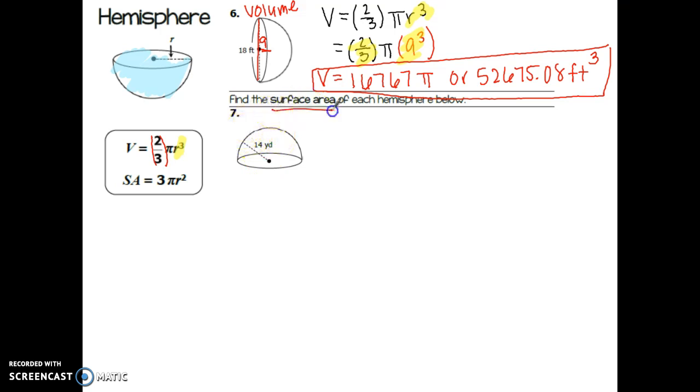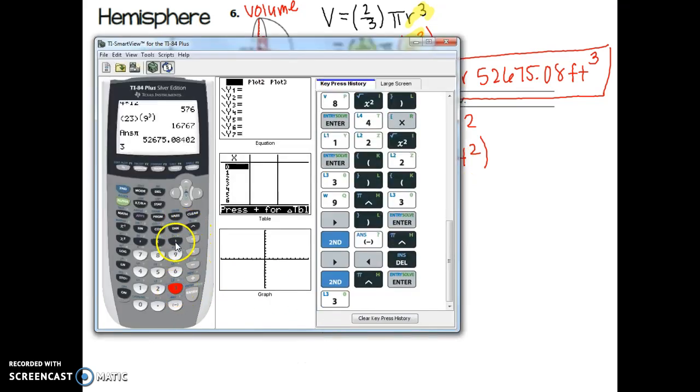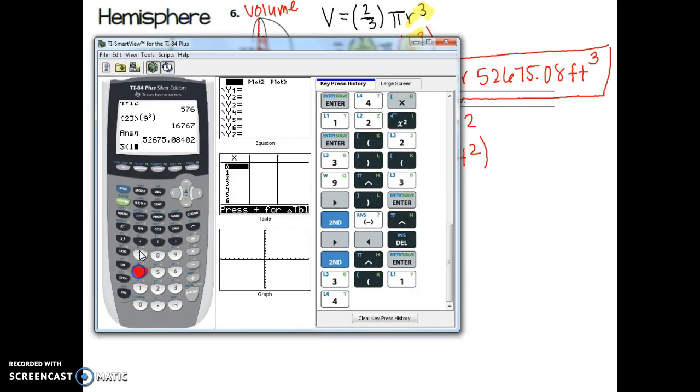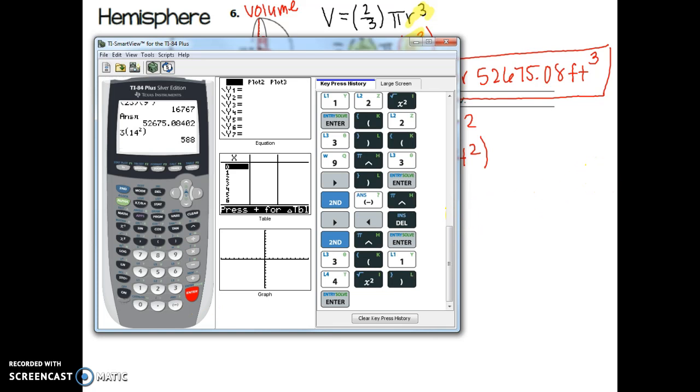For number 7, we are looking for the surface area. So we would say surface area, that is just 3 pi r squared. 3 pi r squared, let's replace what we know. 3 pi stays, our radius is 14. So let's bring up our calculator. 3 multiplied by 14 squared. Close that. And we get 588.